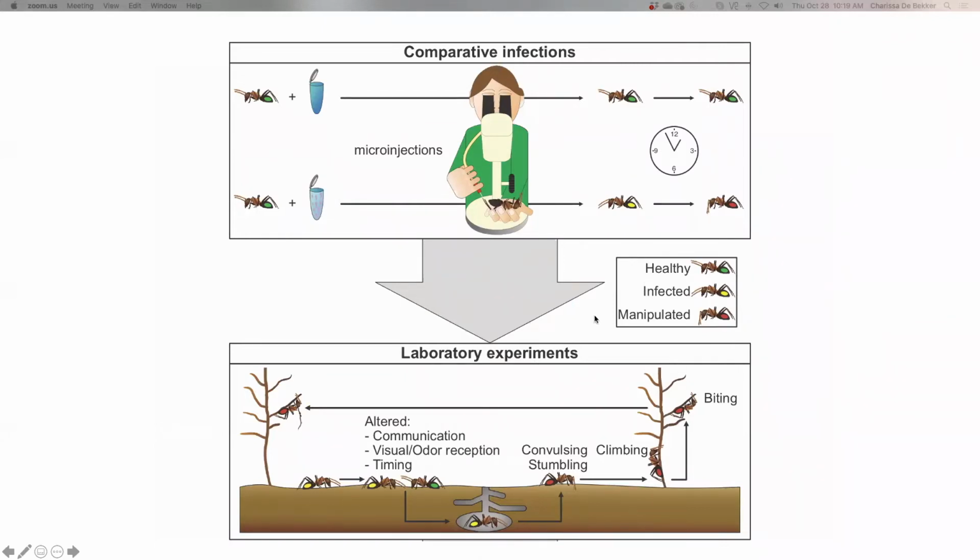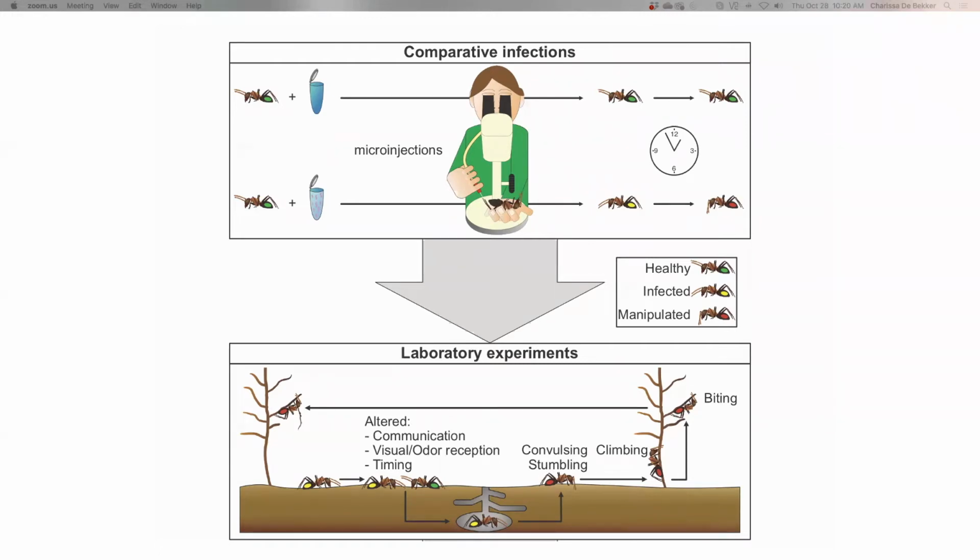And what we then do is we put them in a behavioral setup, score these ants for their behavior, and sample them based on their behavioral phenotypes. So in the case of manipulation, the ultimate biting behavior and the climbing behavior, again summarized as summiting behavior.